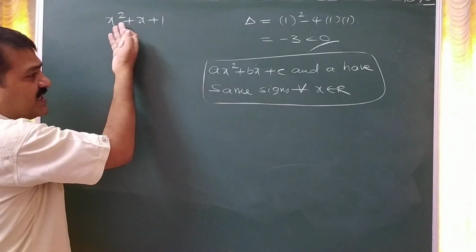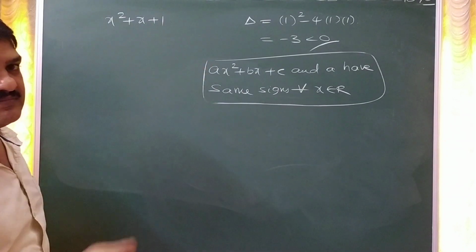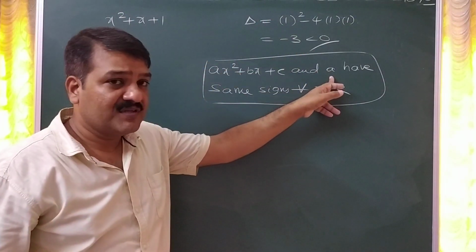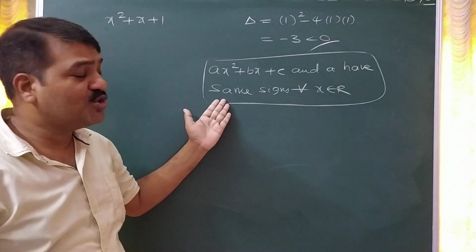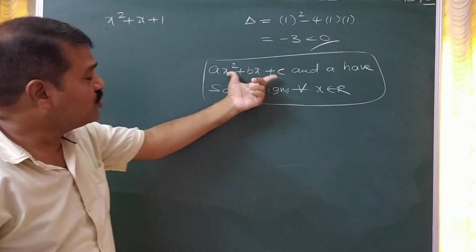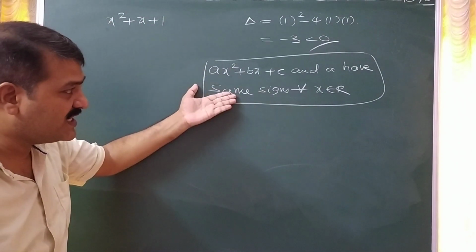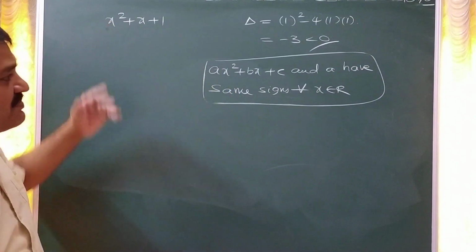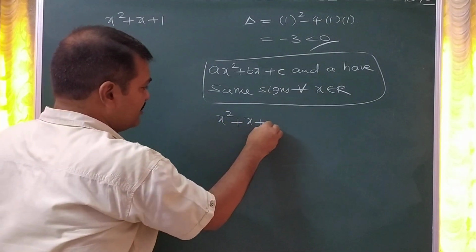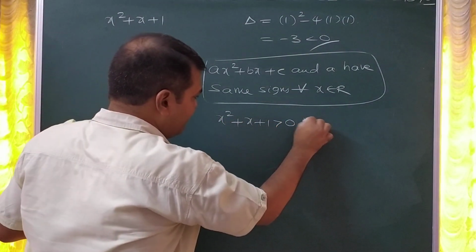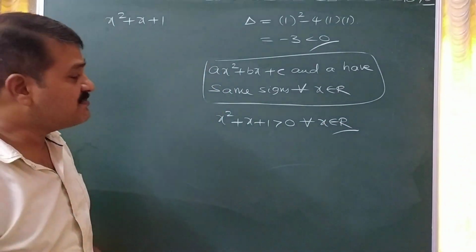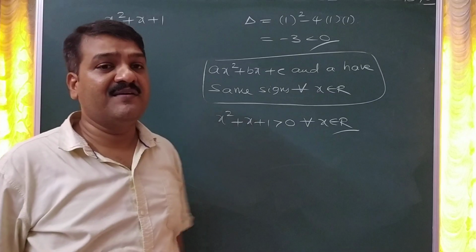What is the coefficient of x square here? 1. So the coefficient of x square is positive, so the expression also should be positive, because the coefficient of x square and the total expression must have the same signs. That means the expression should be positive for all x belongs to R. The expression can never be negative.